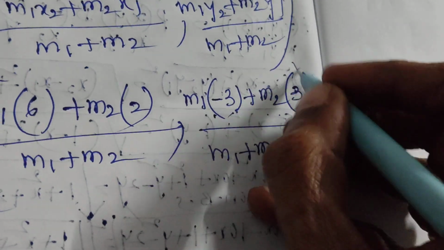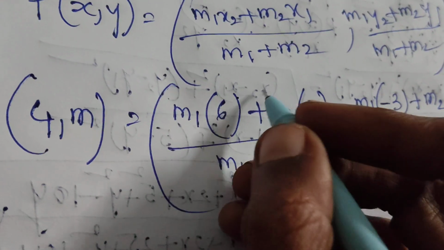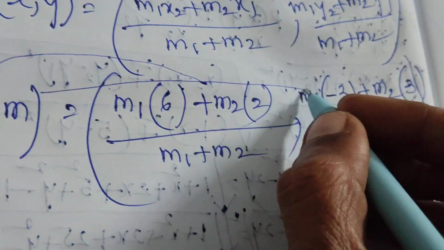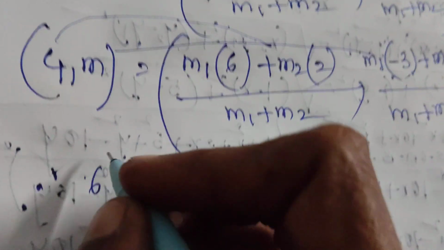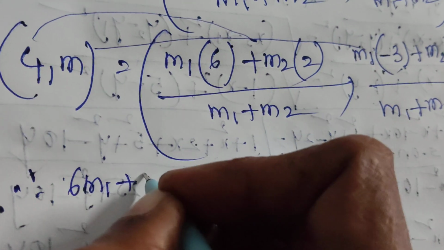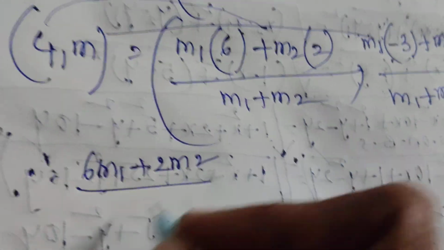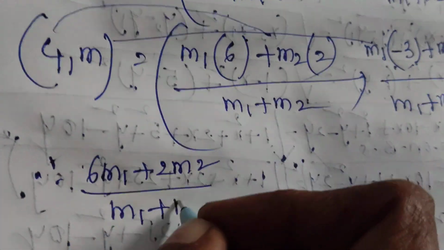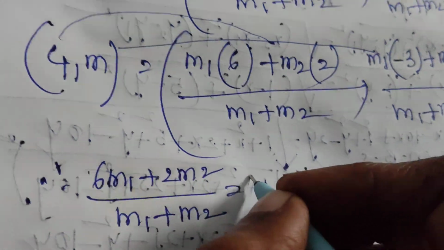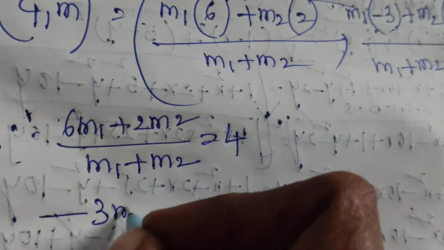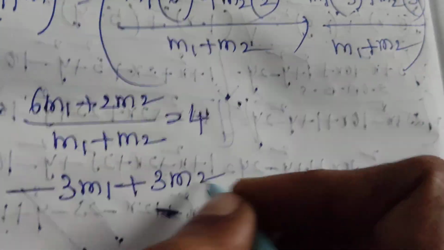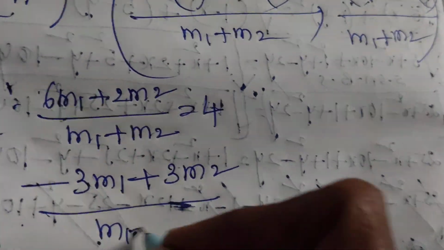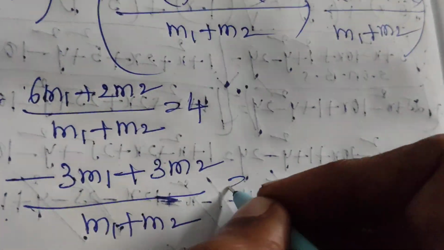Equating this to 4 and m: (6 m1 + 2 m2) / (m1 + m2) = 4, and (-3 m1 + 3 m2) / (m1 + m2) = m.